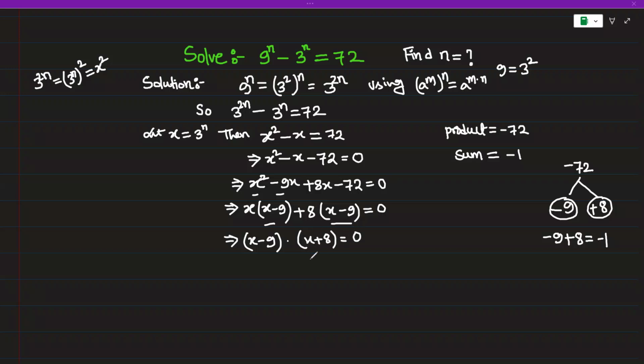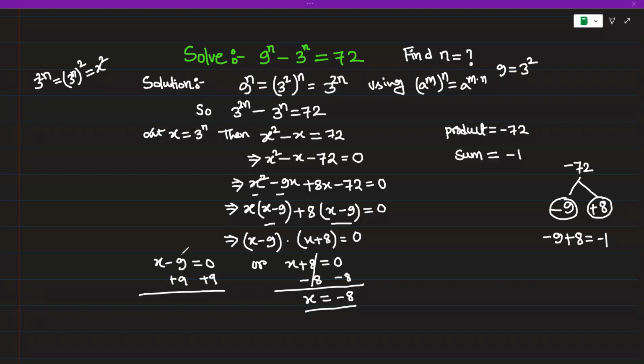Now we use the zero product property, so either x minus 9 equals 0 or x plus 8 equal 0. We add negative 8 both sides, so x equal negative 8, and adding positive 9 both sides, we get x equal 9.